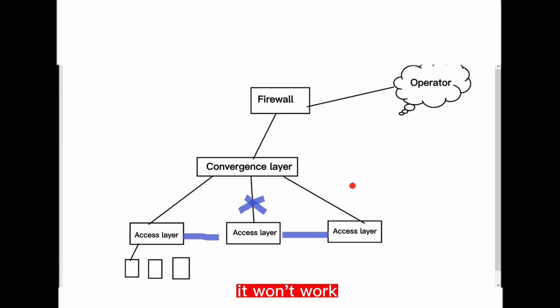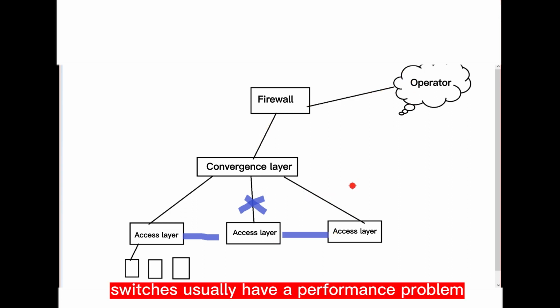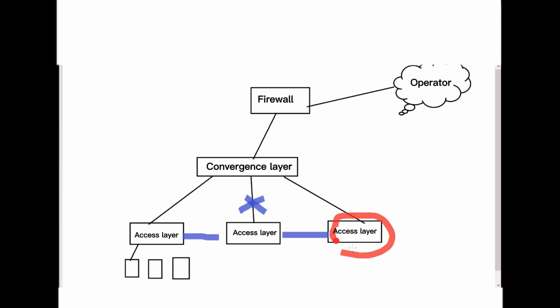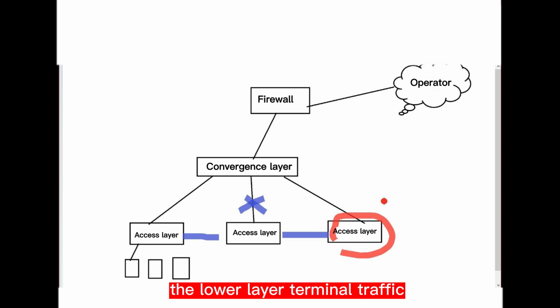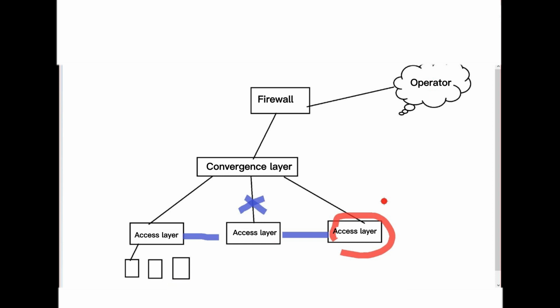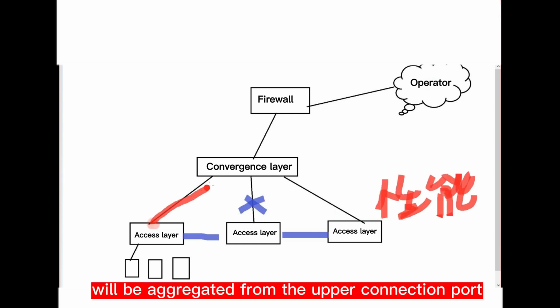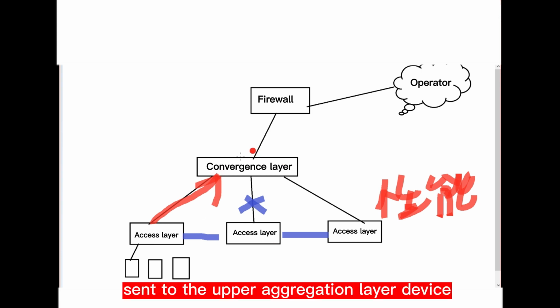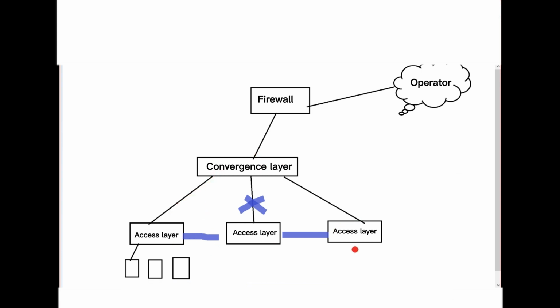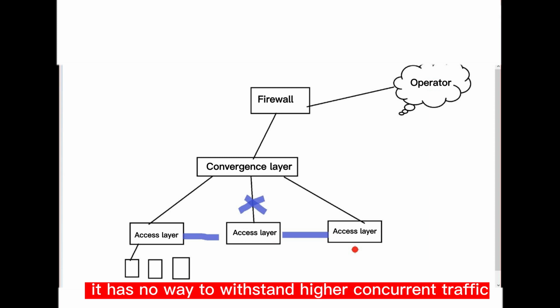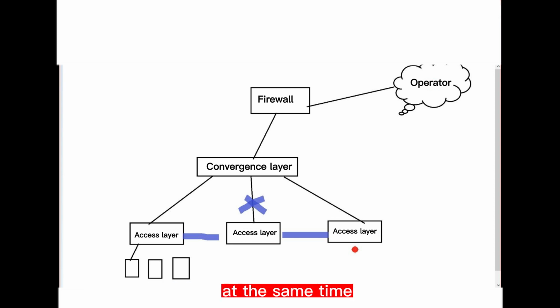It won't work. Access layer switches usually have a performance problem. The lower layer terminal traffic will be aggregated from the uplink port and sent to the upper aggregation layer device. On the whole, it has no way to withstand higher concurrent traffic at the same time.